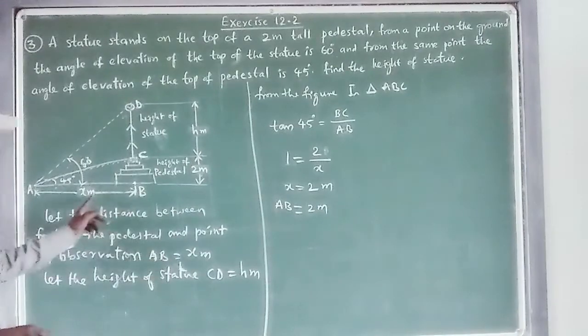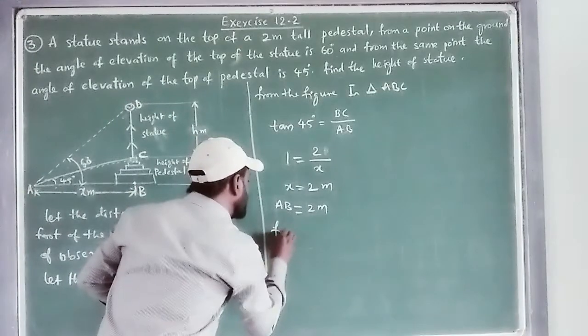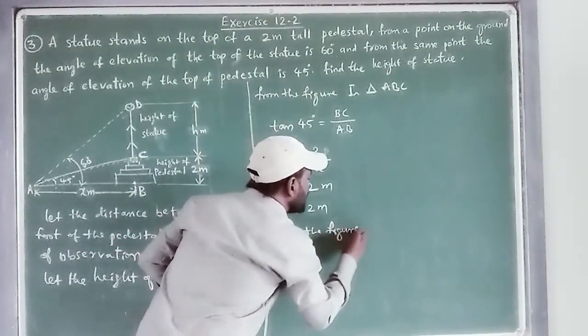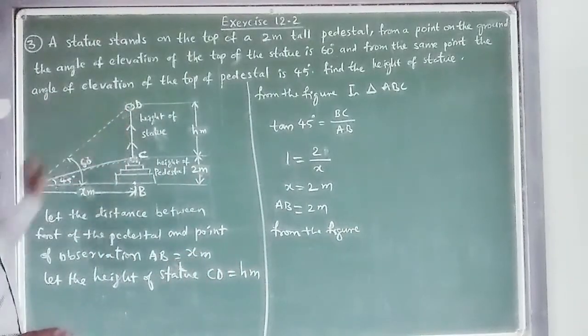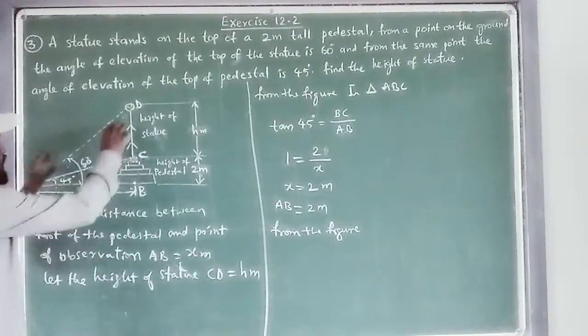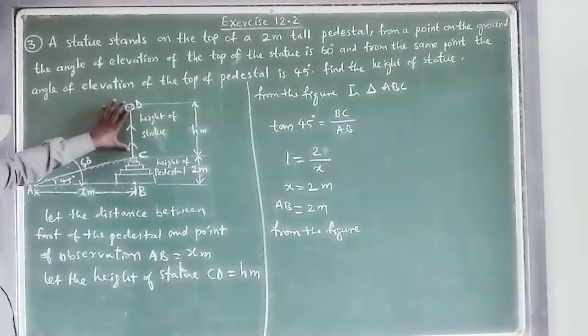Understand? We got the value of this. Now from the same figure again, let us use the total triangle ABD. Why? Because in this one the value is not known, the h value we are finding.